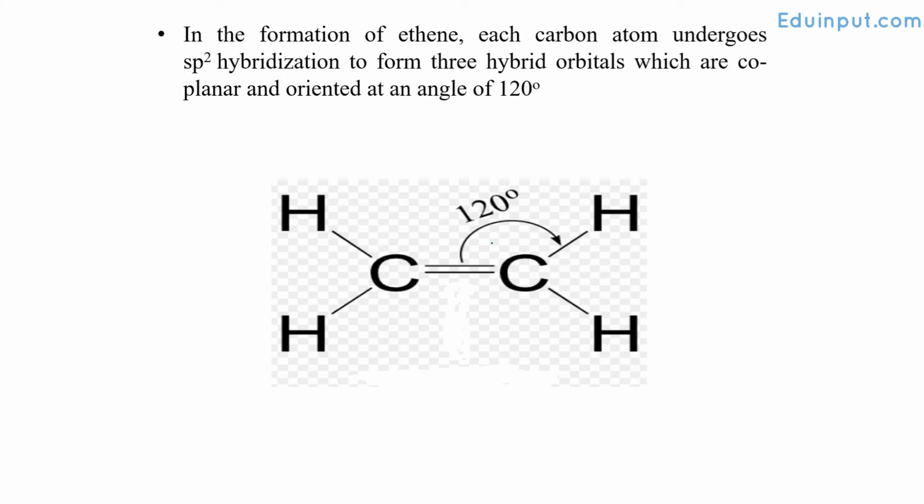In ethene, each carbon atom undergoes sp2 hybridization to form three hybrid orbitals which are coplanar and oriented at an angle of 120, as we discussed in earlier slides. So this is basically the whole molecule of ethene. Each bond is oriented at an angle of 120.